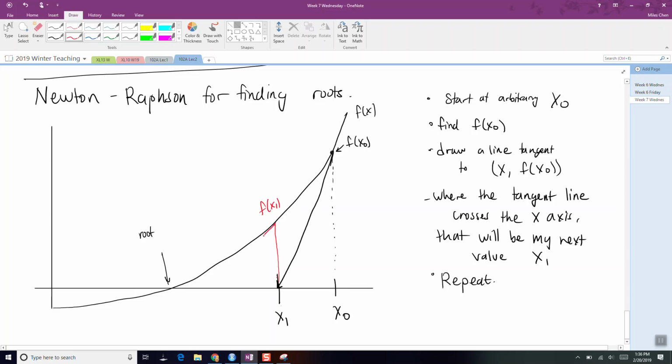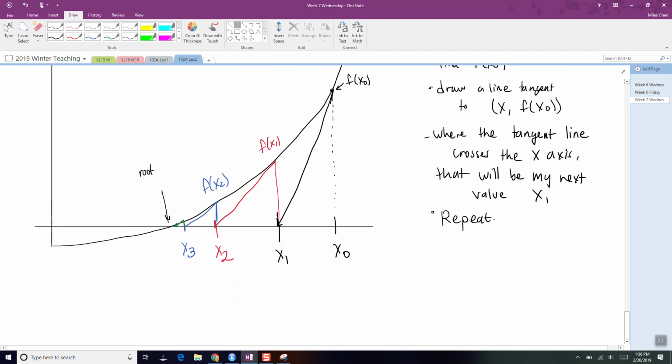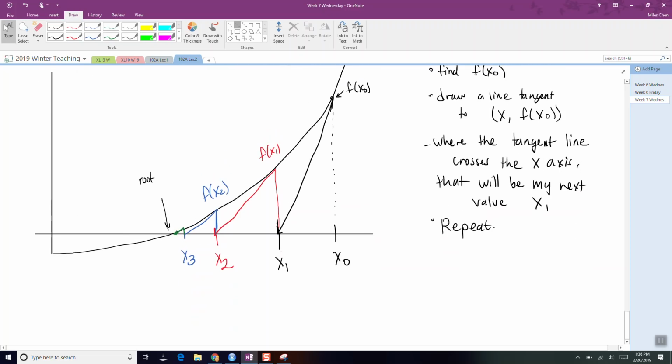I draw a line tangent to f of x1, and I end up right here. And this value will be x2. At x2, I go up, and I get f of x2. I draw a line tangent to f of x2, and this will give me x3. And so on and so forth, and we're going to converge to something close to the root. Is that okay? Kind of conceptually, we start at a point, we go up to the line, we draw a tangent thing, and we get our next thing.